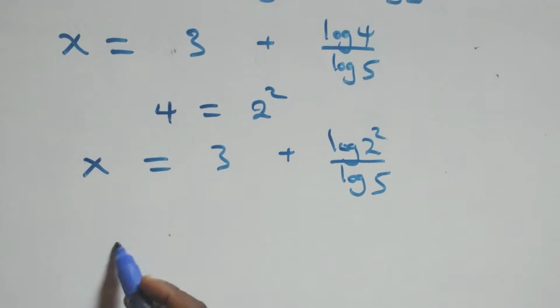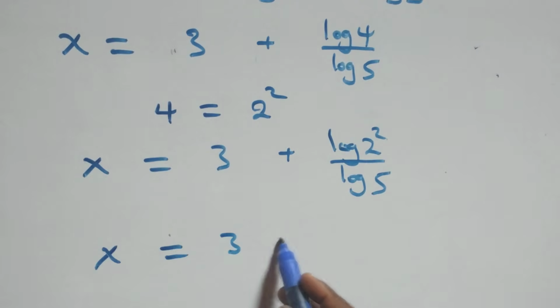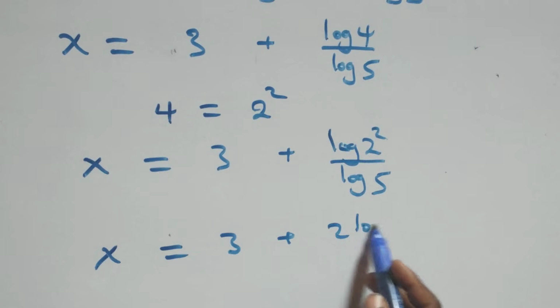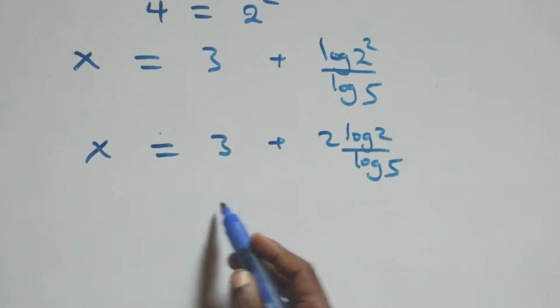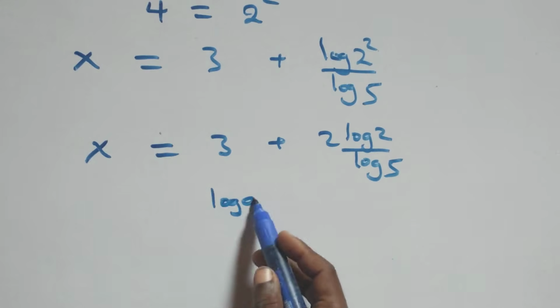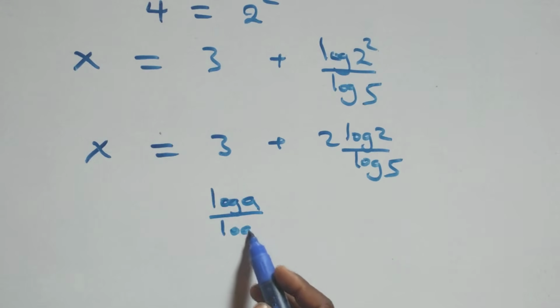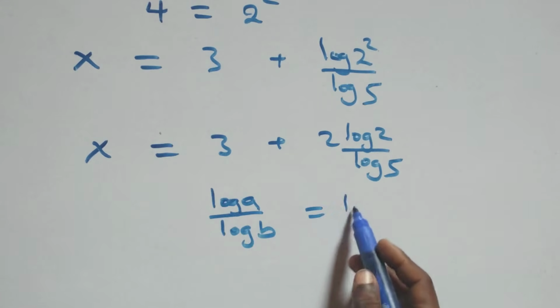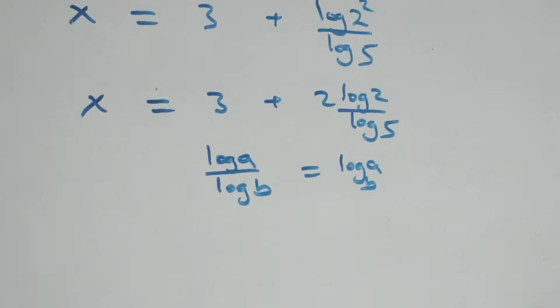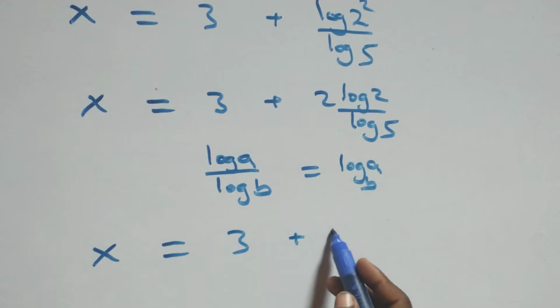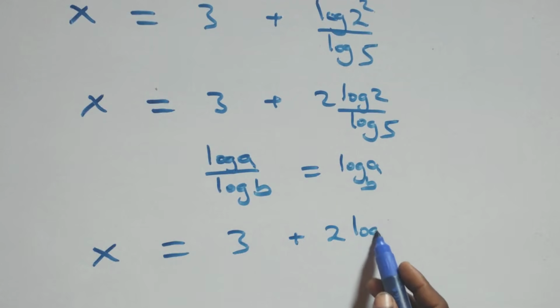The 2 comes forward. We have x equals 3 plus 2 log 2 over log 5. Then we apply change of base: log a over log b is the same thing as log a to base b. Here we have x equals 3 plus 2 log 2 base 5.